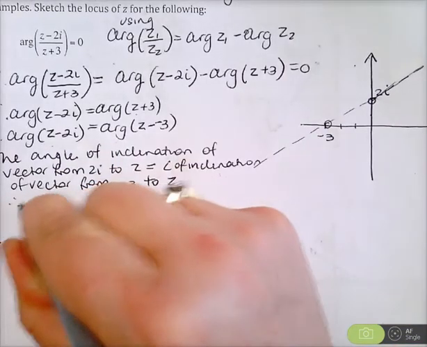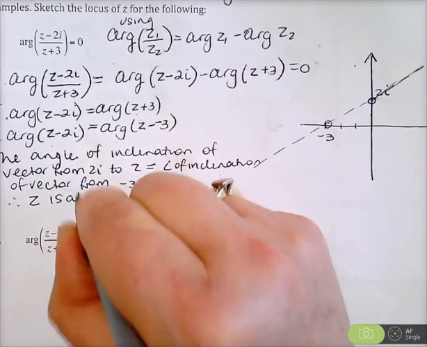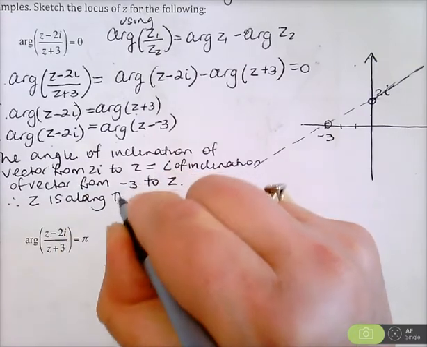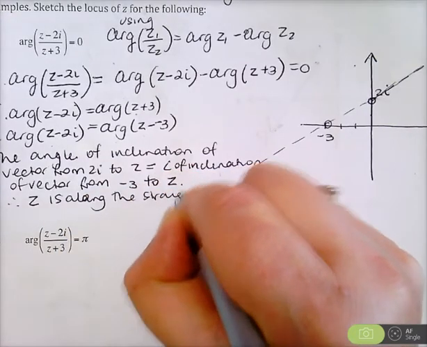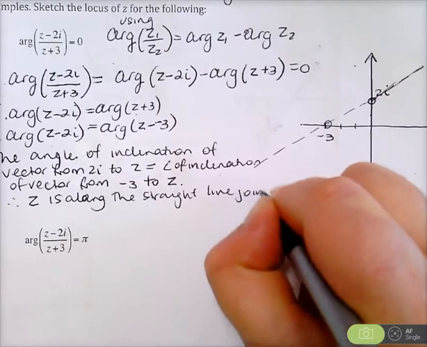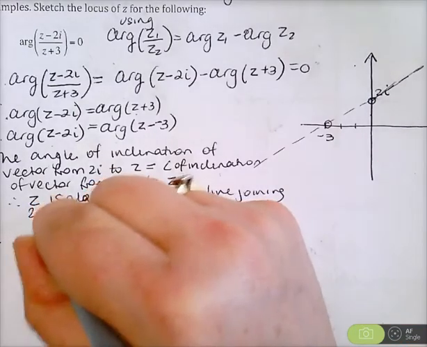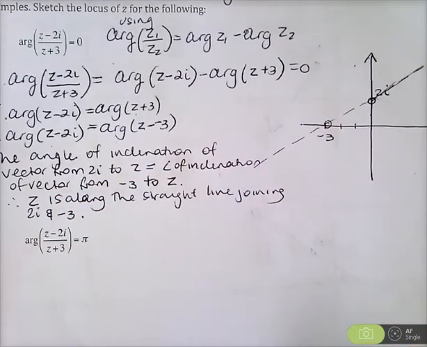So therefore, z is along the straight line joining 2i and -3.